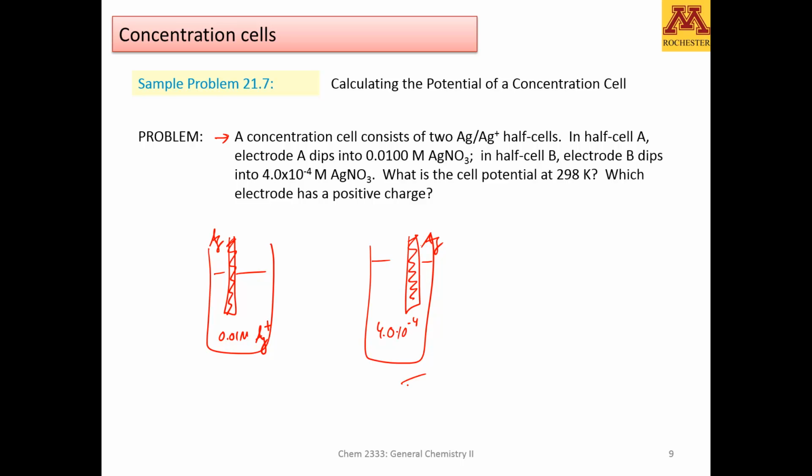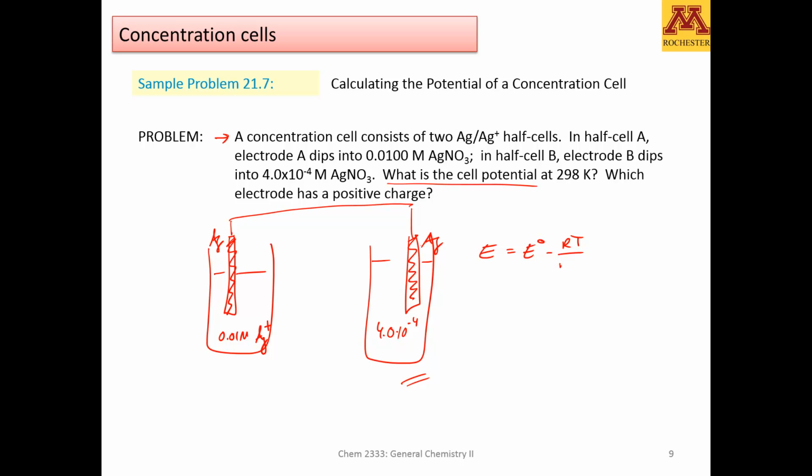There's less in here. What it's asking is: what is the cell potential? So we can just apply the Nernst equation, RT and F.